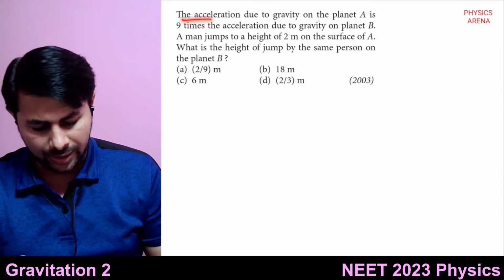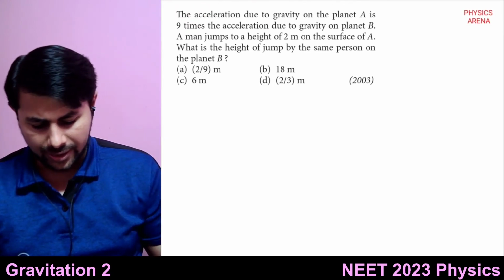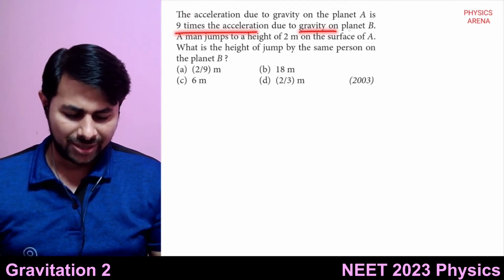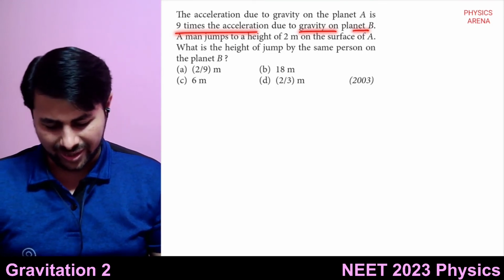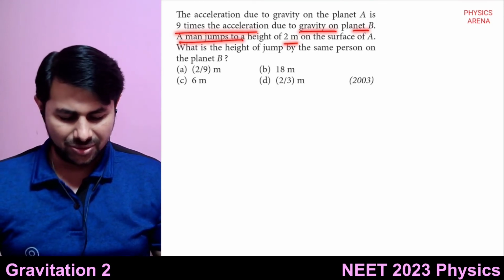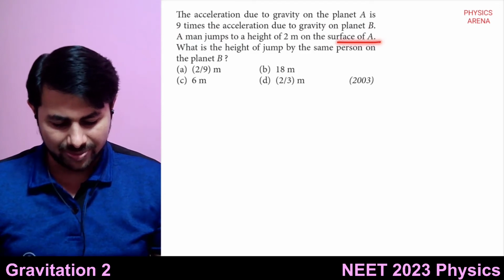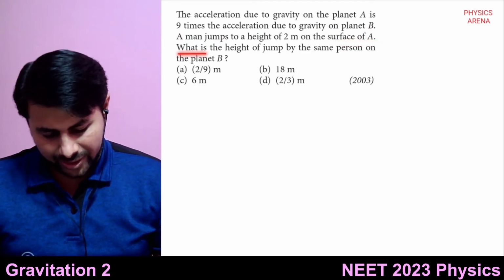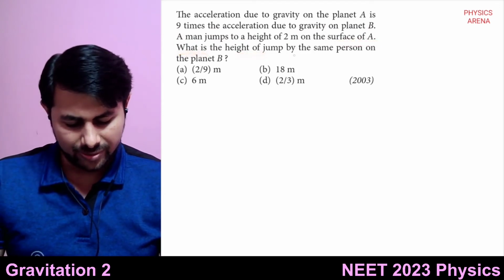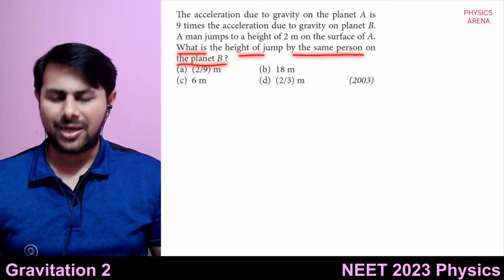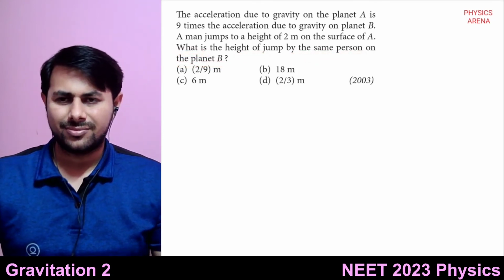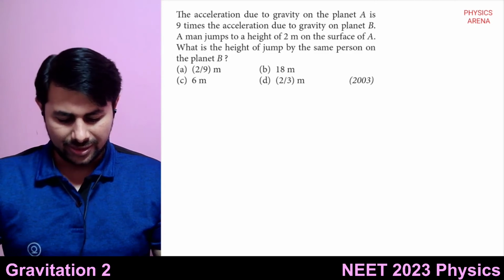The acceleration due to gravity on a planet A is 9 times the acceleration due to gravity on planet B. A man jumps to a height of 2 meters on the surface of A. What is the height of jump by the same person on planet B? Can you tell?